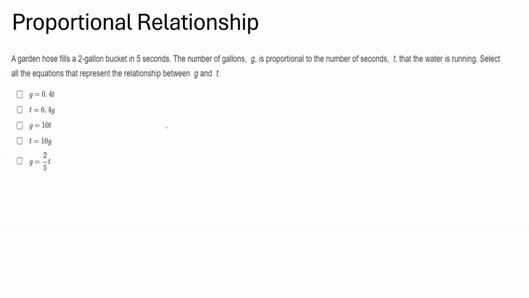It normally comes in the form y equals kx, where k here represents the constant. I'm just going to write C for constant of, and P for proportionality.